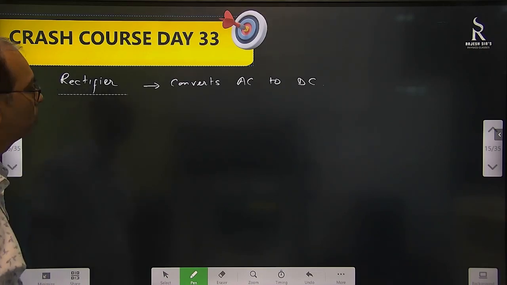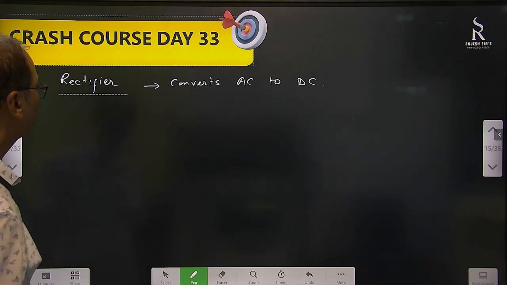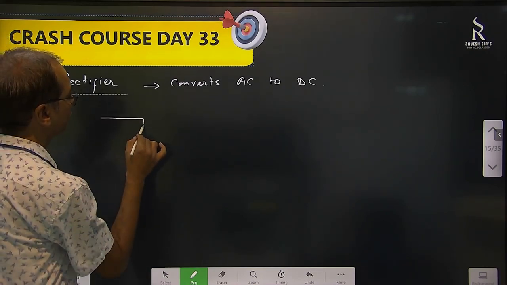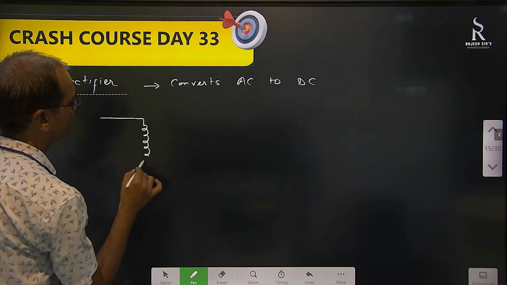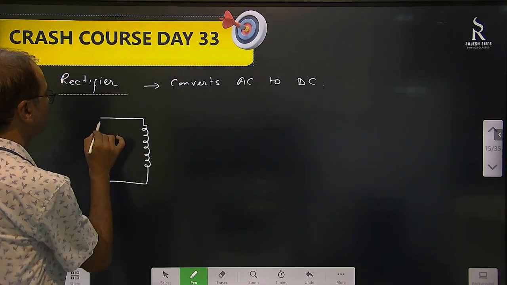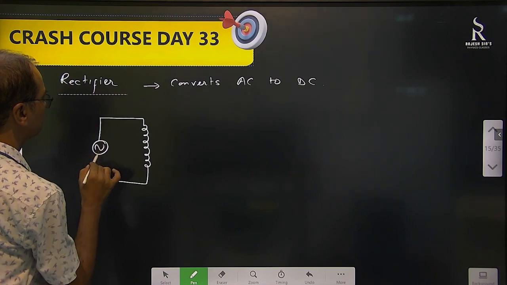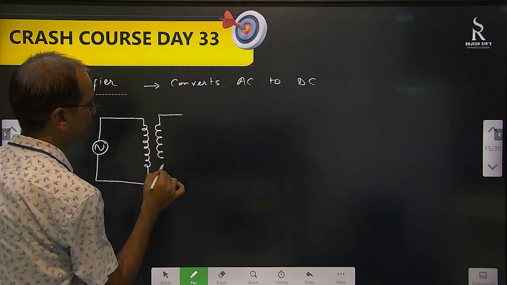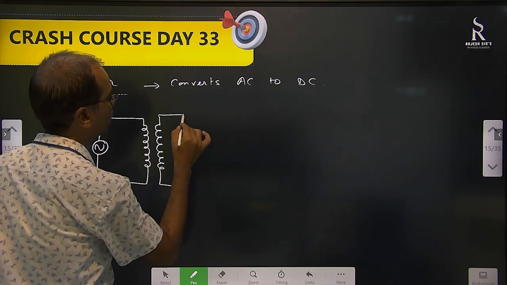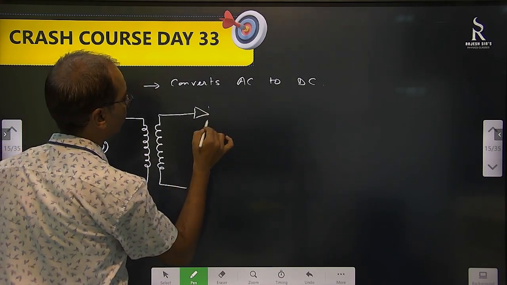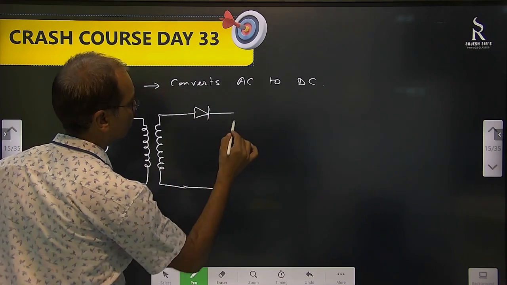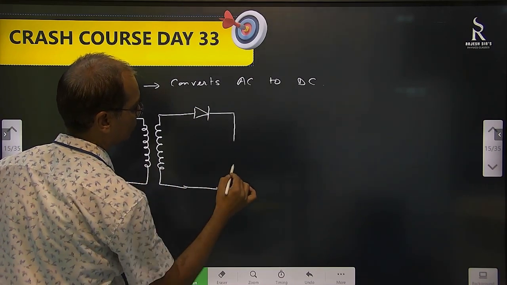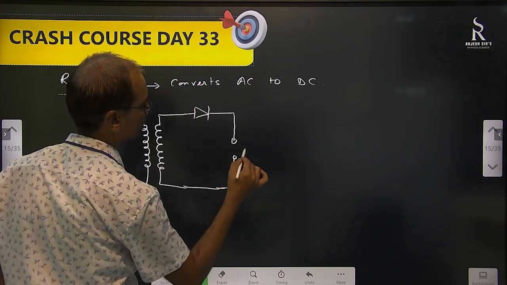So what we do is take one transformer here. Connect the AC input. It's like this, our transformer. And here we are connecting one PN junction diode. Here is the output.